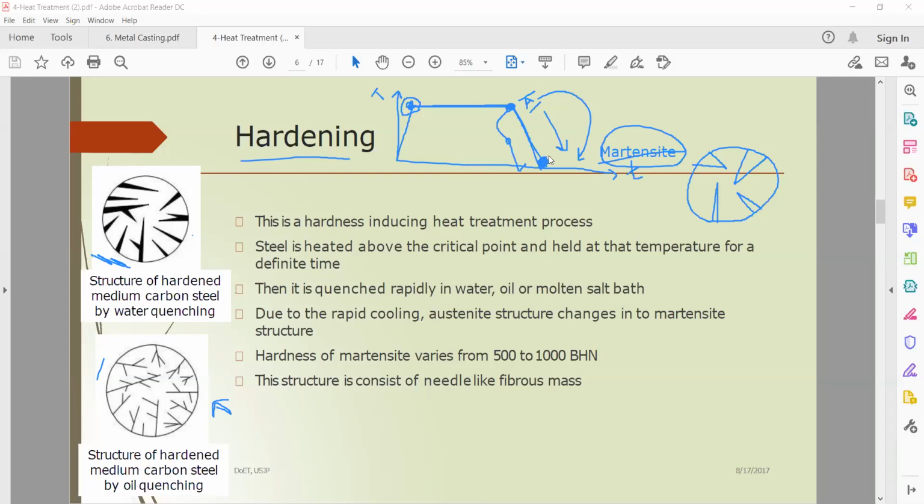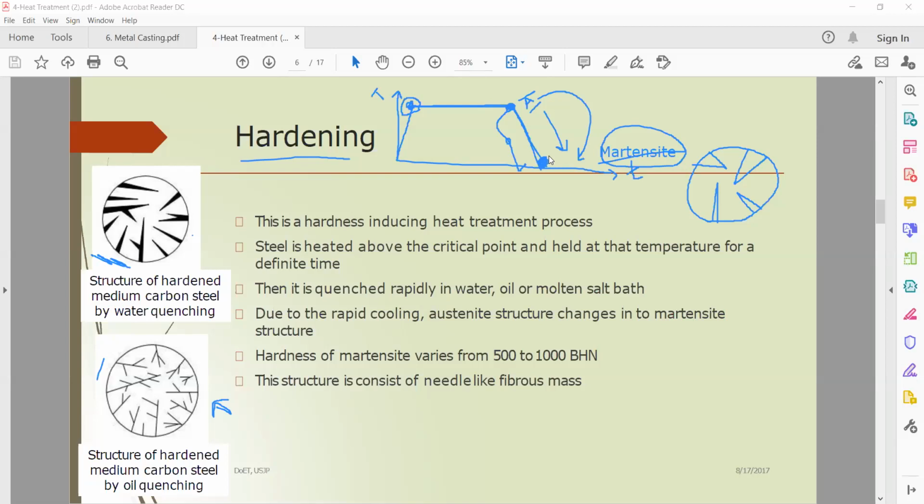Oil bath medium can be used only for the alloy steel hardening processes. If you need to use a water bath medium, definitely you have to have plain carbon steel for the hardening process.